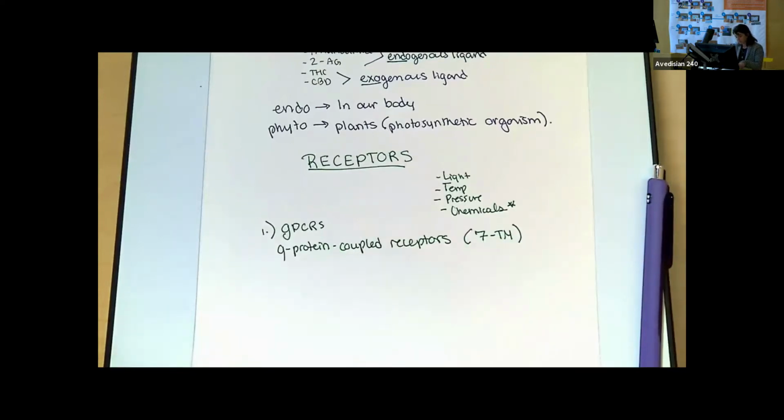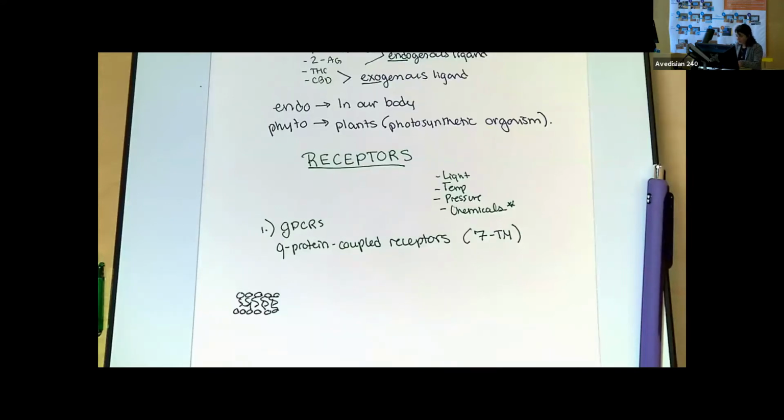So the receptor, again, this is our lipid bilayer that makes up our membranes in our body. And then if you remember from biochemistry or just Google, different protein structures will change.